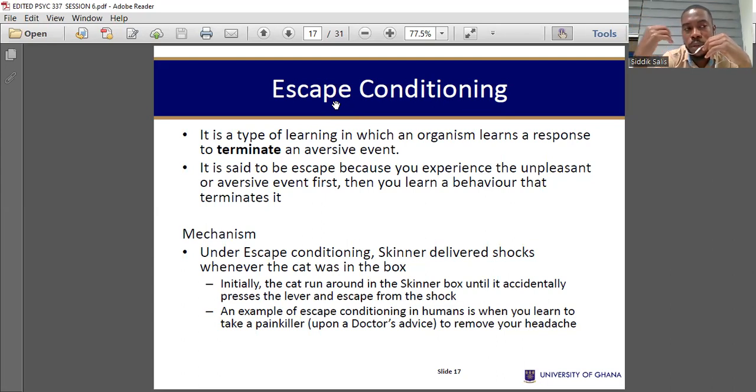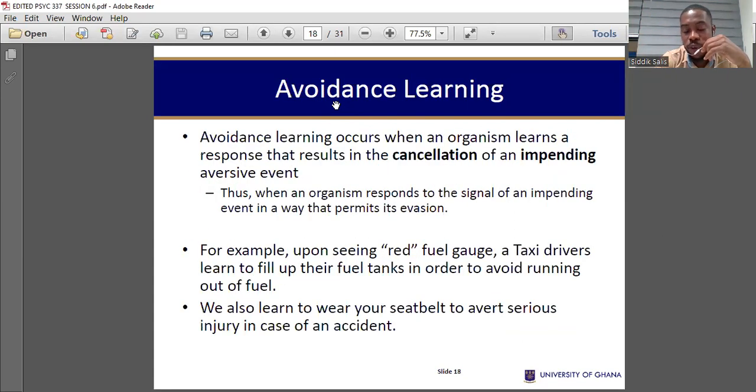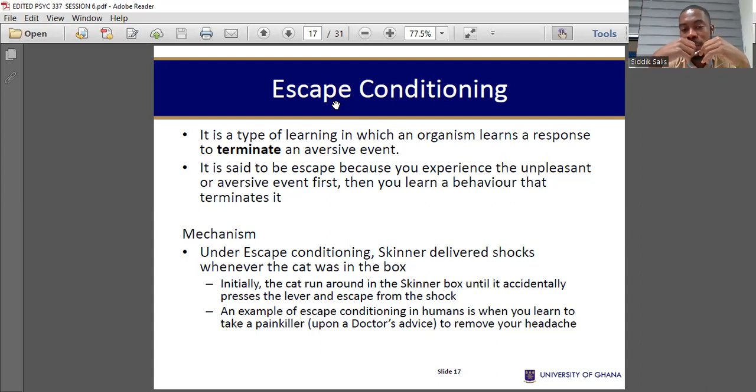escape conditioning. Now, you have to differentiate escape conditioning from avoidance learning. We'll come to that. With escape, the thing has already happened to you, like pain, or itching. Your body is itchy. Or like hunger. Or like you are married and you are feeling horny.